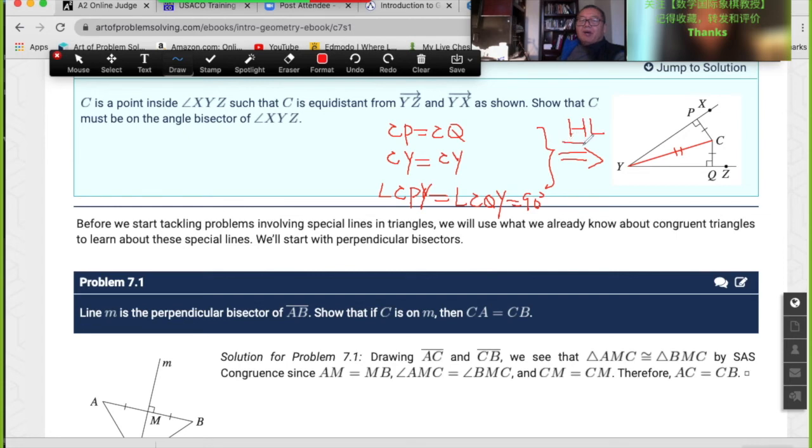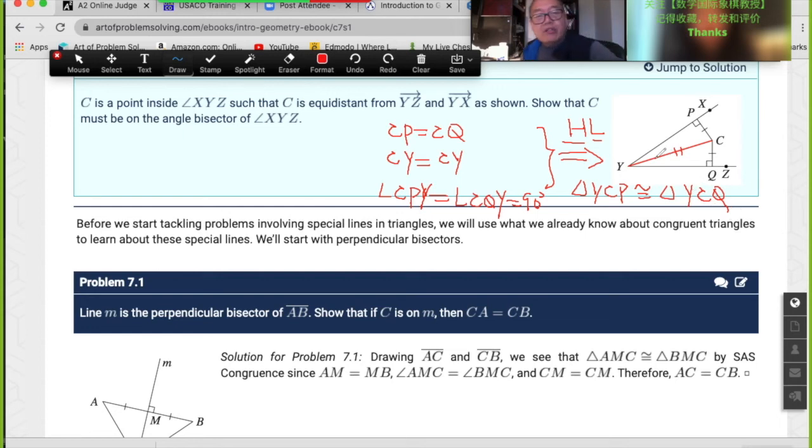This one's the hypotenuse, this one's the leg in the 2 right triangles. So triangle YCP is congruent with triangle YCQ.